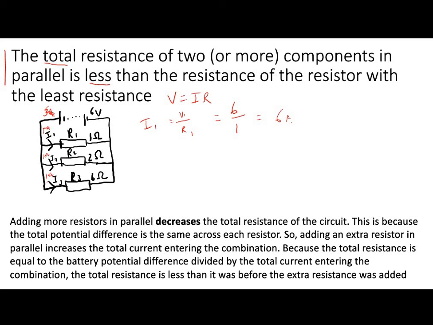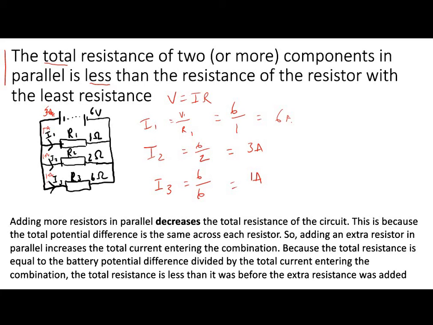I2, so what is the current across the second resistor? Here it is again 6 volts, but we've got 2 ohms of resistance. So we've got 3 amps of current. And I3 is 6 divided by 6. So we've got 1 amp. So you can see that as resistance increases, current decreases, from 6 to 3 to 1.